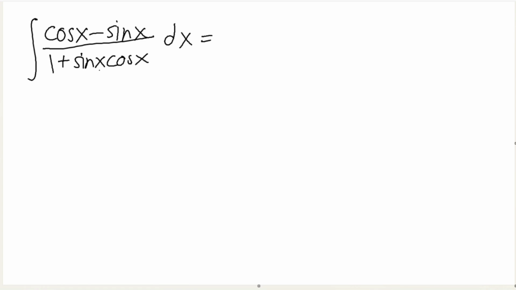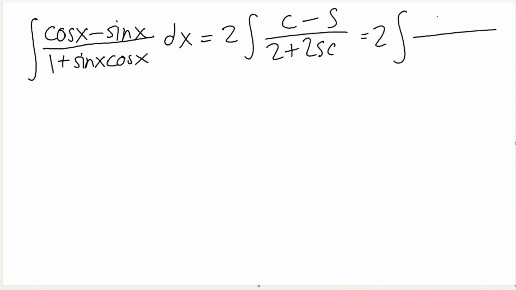So let's go ahead. The first thing I would do is multiply top and bottom by 2. So I'm just going to write the 2 here. And the reason why I want 2 at the bottom is just to get that sine 2x. And so now we have 2 plus sine 2x.